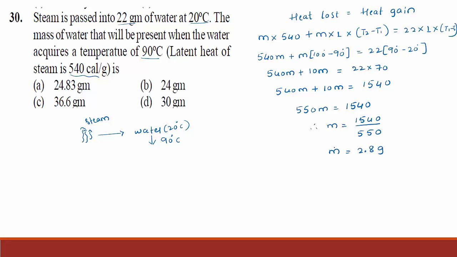But here we need the net mass of the water present in the mixture. The mass of the water is 22 gram. The net mass of water present in the mixture: we have 22 gram of water, and when it absorbs steam having mass 2.8 gram, we add 2.8.